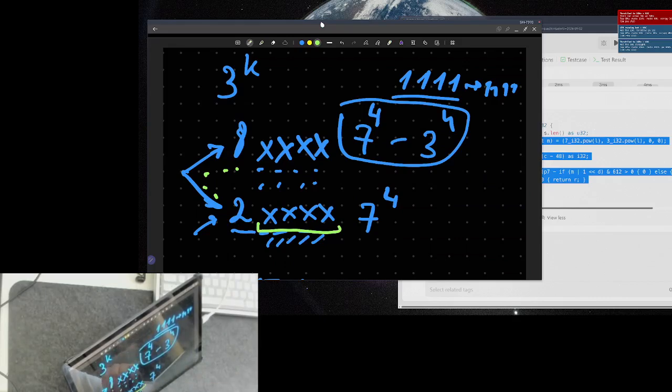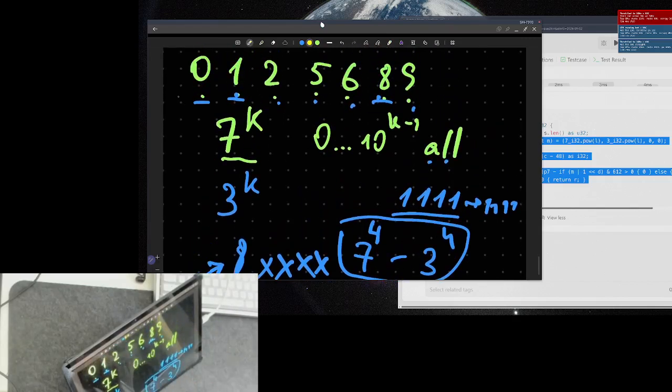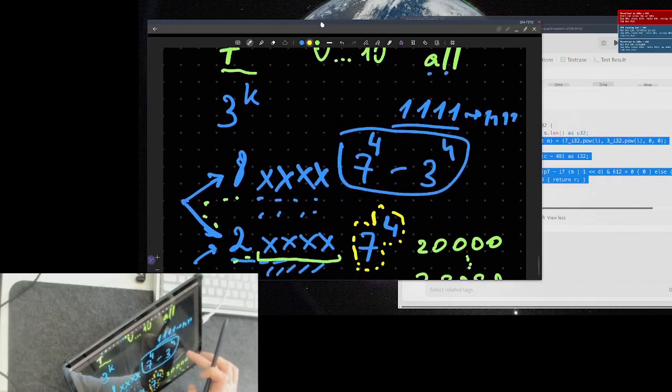So for example, if we're starting with 2 and 4 zeros, ending with 29999, inside of them we have 7 to the power of 4 numbers consisting of these digits 0, 1, 2, 5, 6, 8, 9.